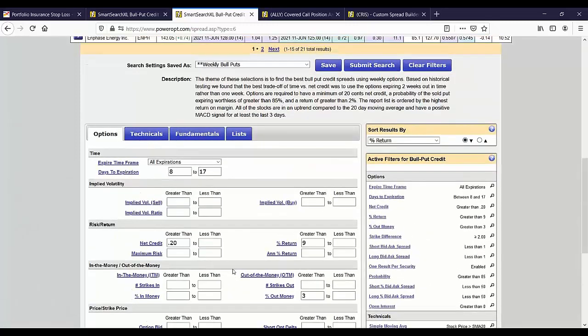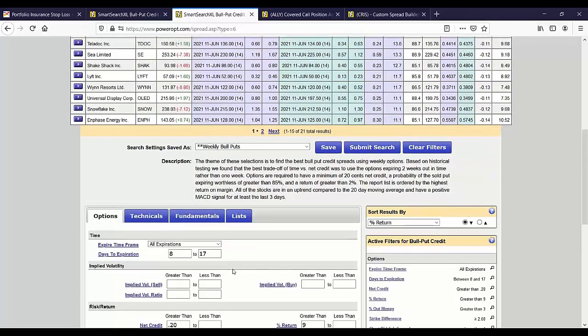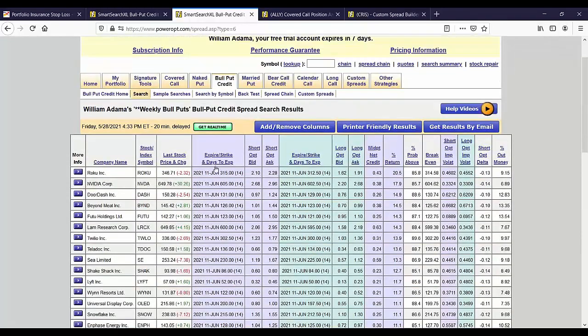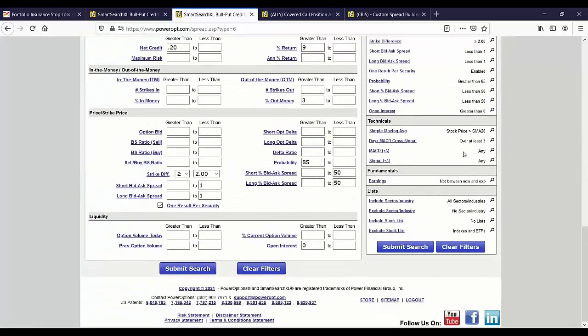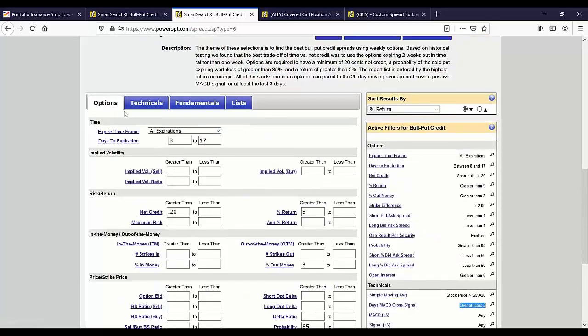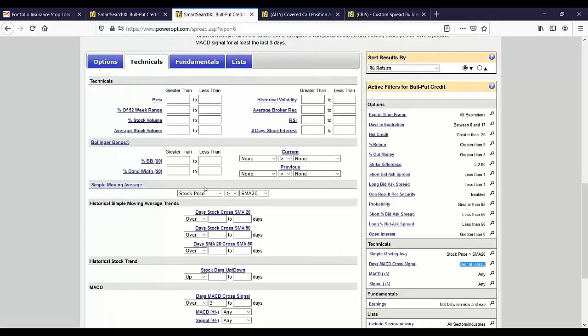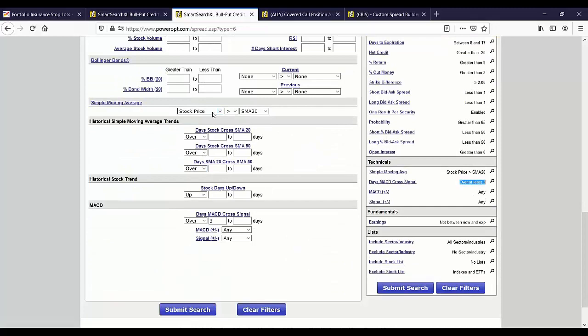Now, what would I use, Jesus, looking for quality stocks that might be ready to go higher? Well, we're in the bull put credit spread search, and I showed you that one of the things both Ernie and I found, as you saw in the review we did on the covered call screens, is using the technical criteria, using filters such as simple moving average.